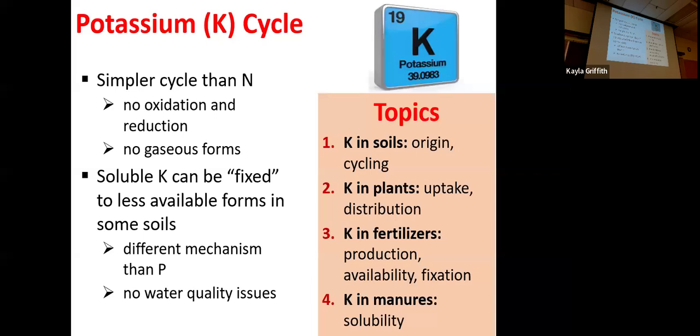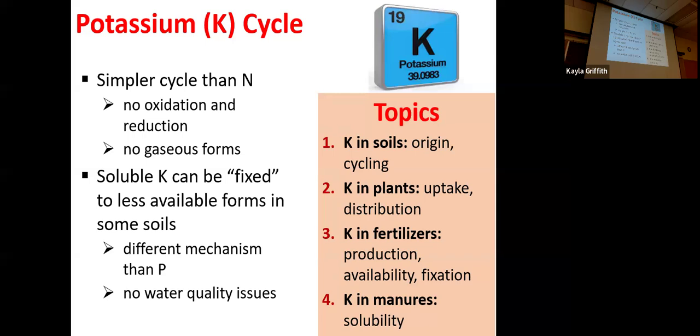Different than P. So P is basically a covalent kind of bonding scenario where the phosphate, orthophosphate molecule really has a chemical bond to the surface of the mineral, whereas potassium is a little bit different.